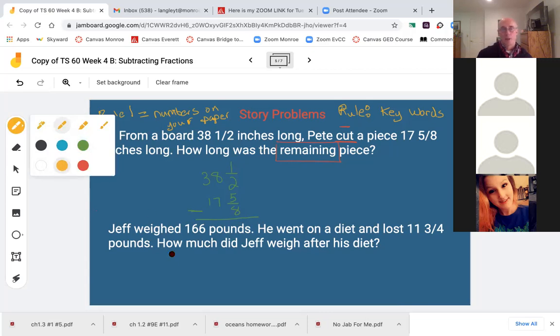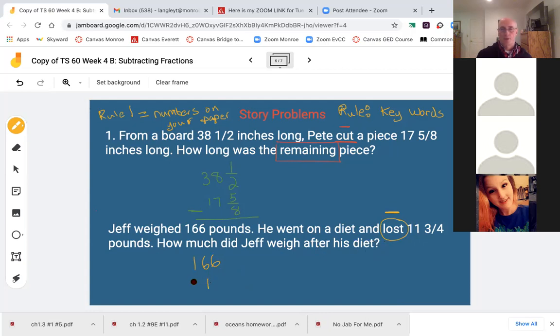Jeff weighed 166 pounds. Okay, he weighs 166. Went on a diet and lost 11 3/4. So he loses. I'm thinking, let me model this for you. Lost. That's probably meaning minus. Okay, when you lose, cut something, take something out, or you lose something, then it's less. Okay, you're subtracting. How much did Jeff weigh after his diet? So 166 pounds he started out.